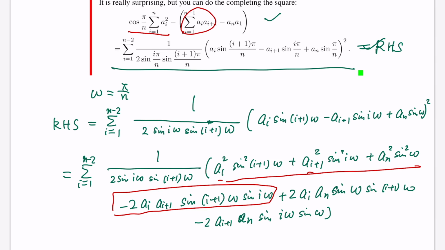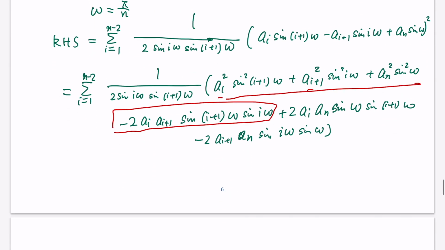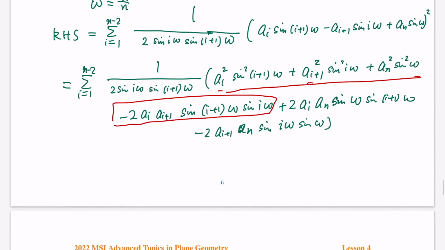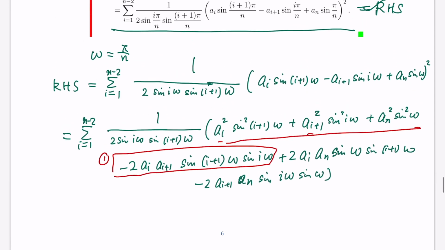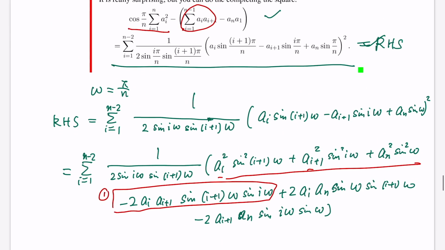The nice part is that this factor is going to cancel with the denominator. So let me call this term 1. Term 1 is actually equal to sigma i from 1 through n minus 2. So the coefficients cancel. It's negative a_(i plus 1). There's no 2 here, so there's a negative.